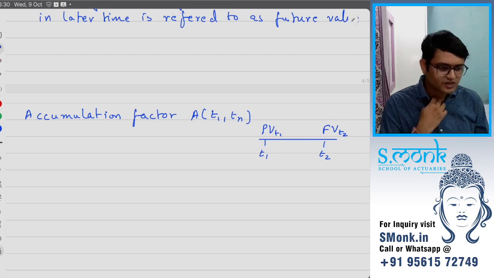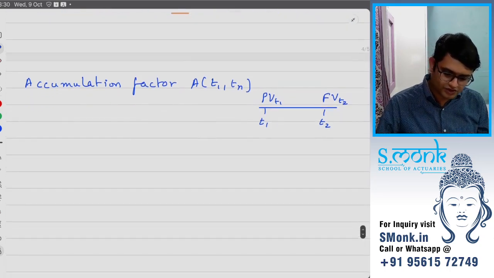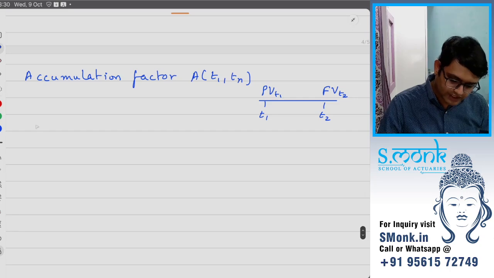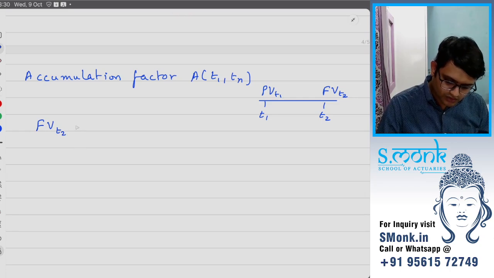Okay. So we can refer to them as present value and future value. So I can say that future value at time t2 will be equal to present value at time t1 into the accumulation factor.